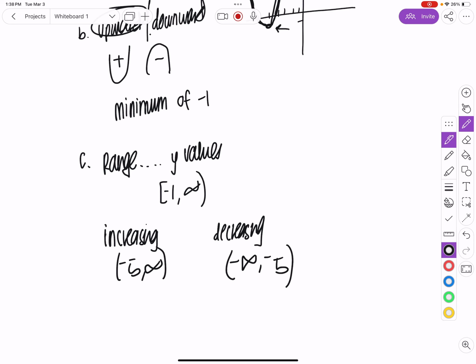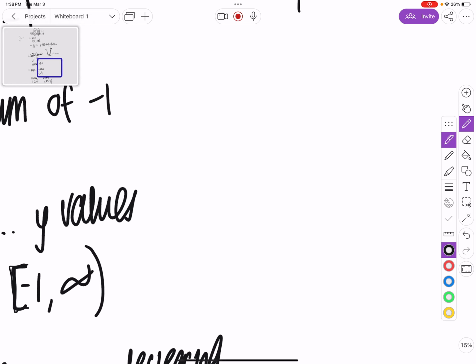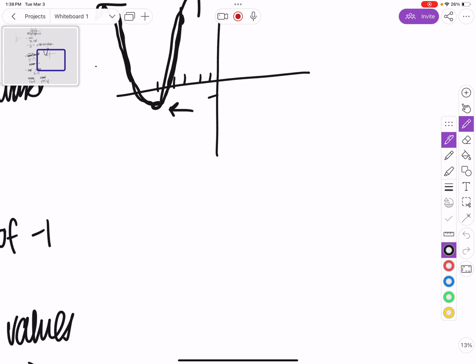And we do use parentheses with those intervals of increasing and decreasing. We did use a bracket for the range, and that's because the graph actually went through that y value of negative 1, and so if it goes through that value, you do have to include a bracket.